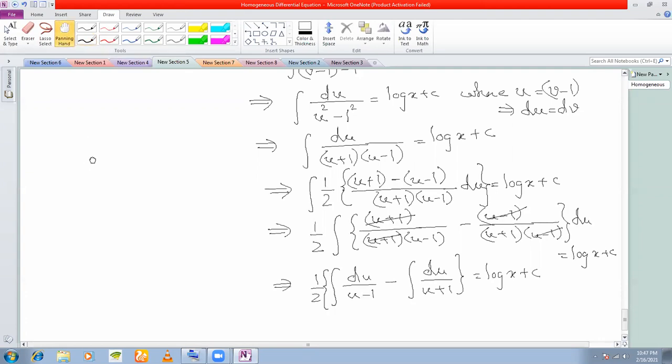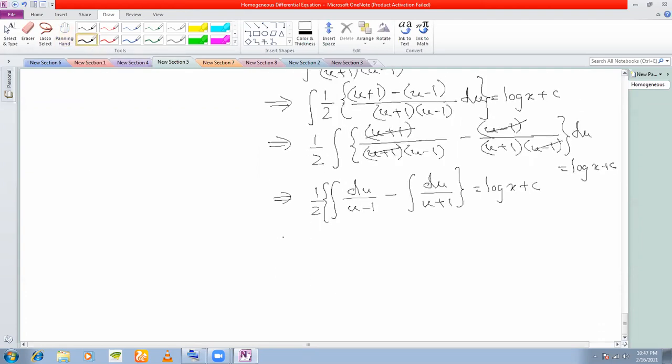Now what is integral du by u minus 1? It is log of u minus 1, right? So half of log of u minus 1 minus log of u plus 1 is equal to log x plus c.